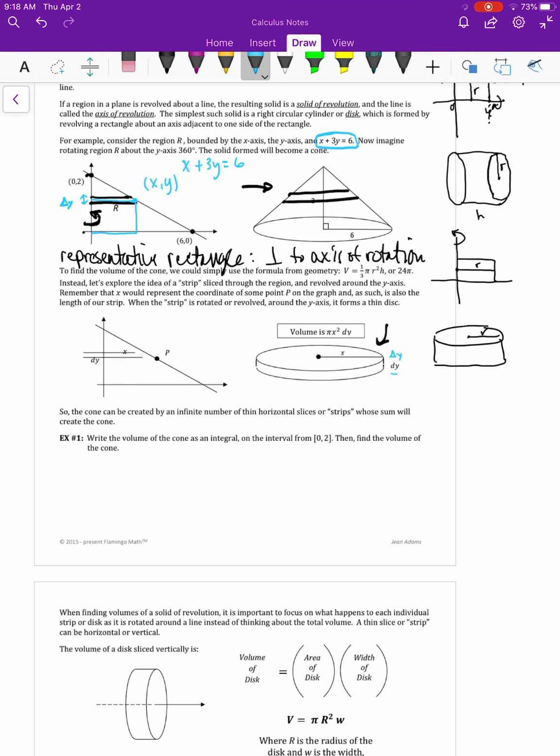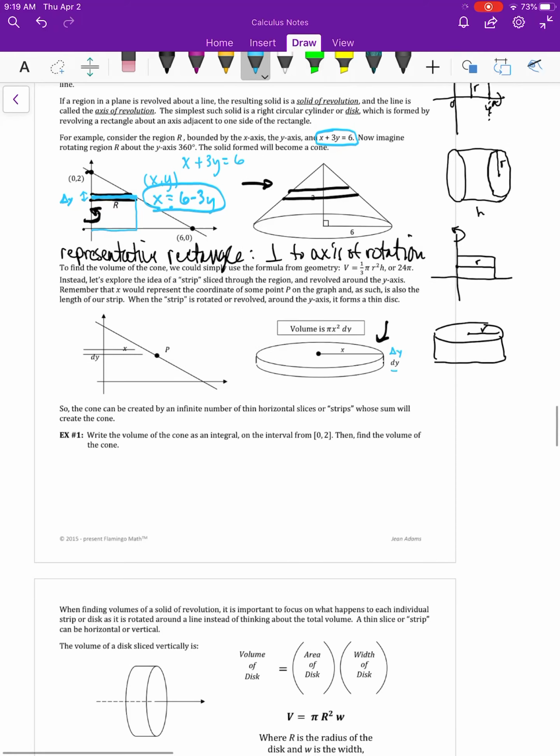Since this is the x of your xy point, you want to solve for x, but it's going to be in terms of y.